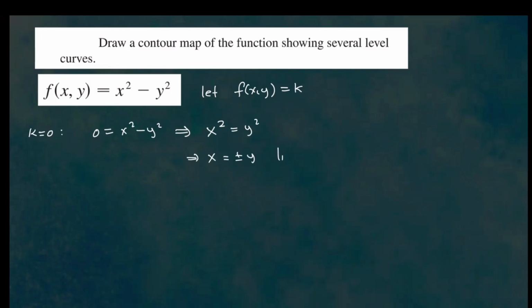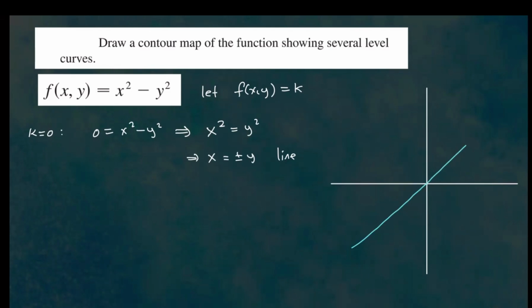Well, I know this is just a line passing through the origin in the xy plane, so that's what we're going to draw. So when k is equal to 0, we actually have two lines, one going this way and another one going this way. That's the one with negative slope.